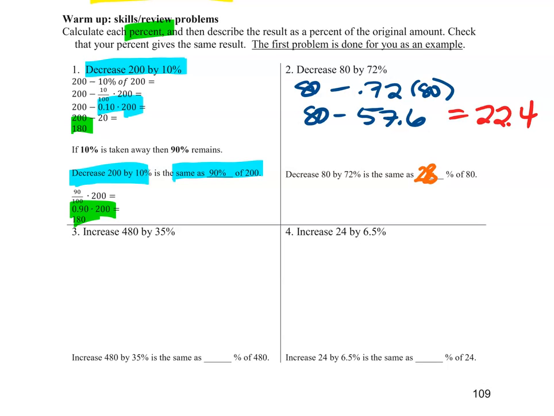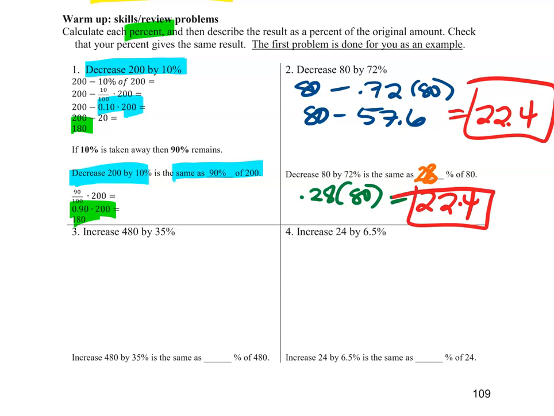Okay, so let's try that. What is 28% of 80? So 0.28 times 80, when you multiply that, is also equal to 22.4. So they are the same.